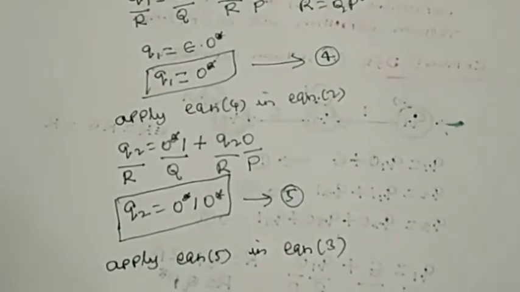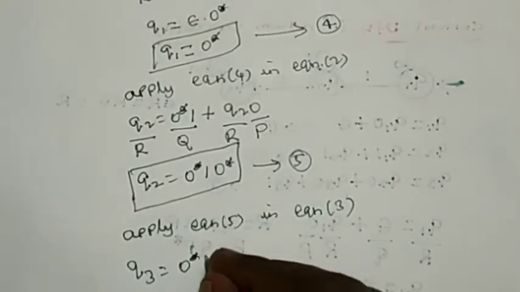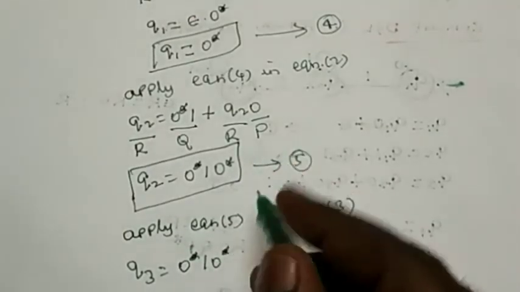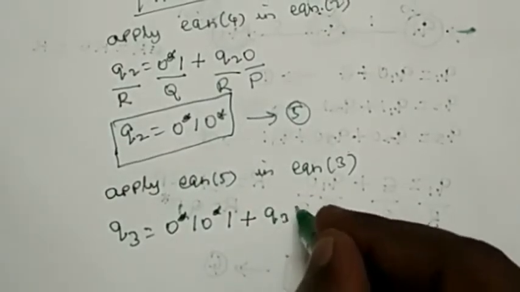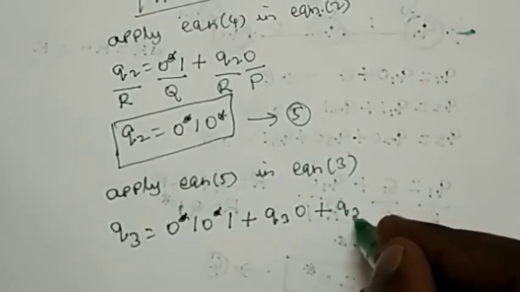So Q3 equals Q2, which is 0 star 1 0 star, then 1 is also there, plus Q3 0, plus Q3 1.